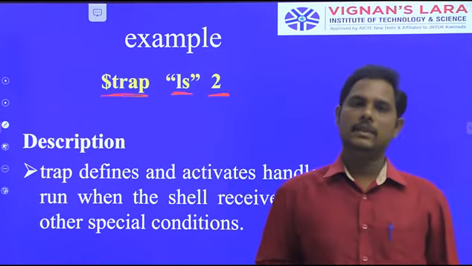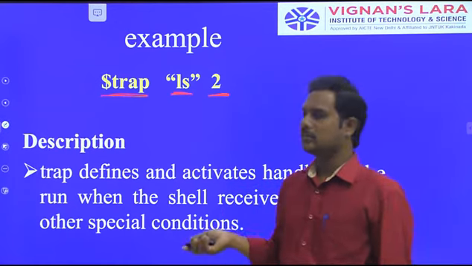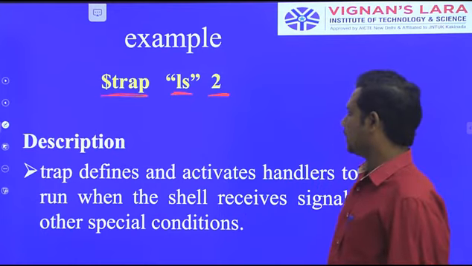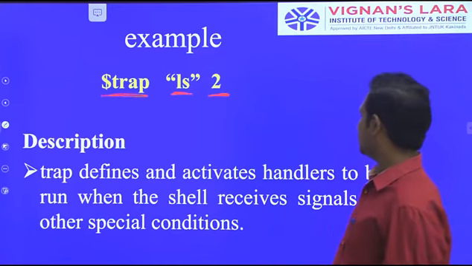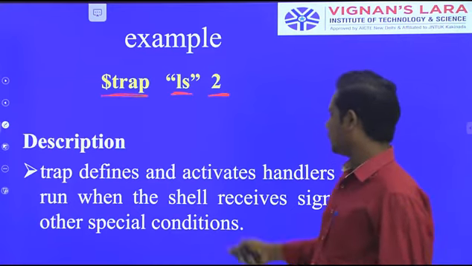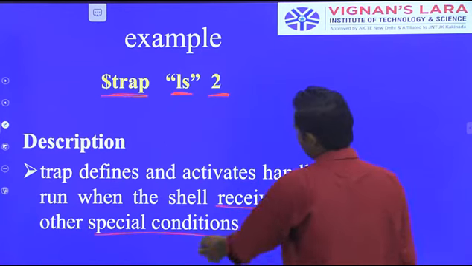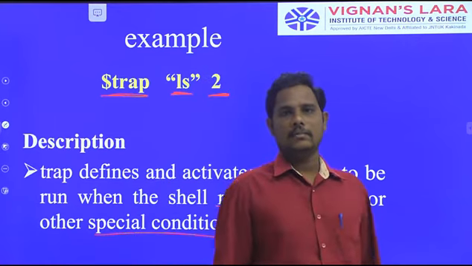We can use the signals to stop our process, whatever action we use. Next, the description: trap defines and activates handlers to run when the shell receives a signal or other special conditions, using the trap command.